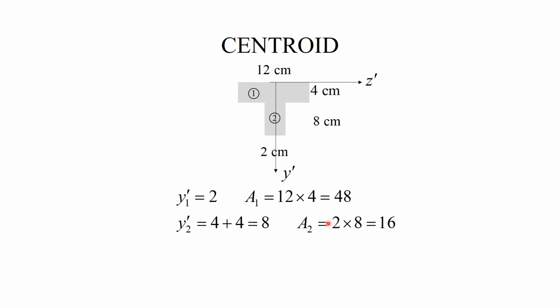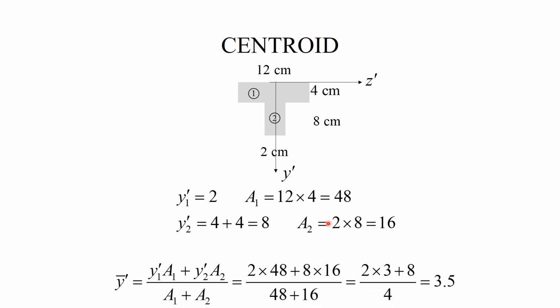Now I can use these quantities to calculate the centroid of the entire cross section using coordinates y prime and z prime, and that's the standard formula. According to this formula, we obtain that the centroid is located at a distance 3.5 centimeters down from the z prime axis.